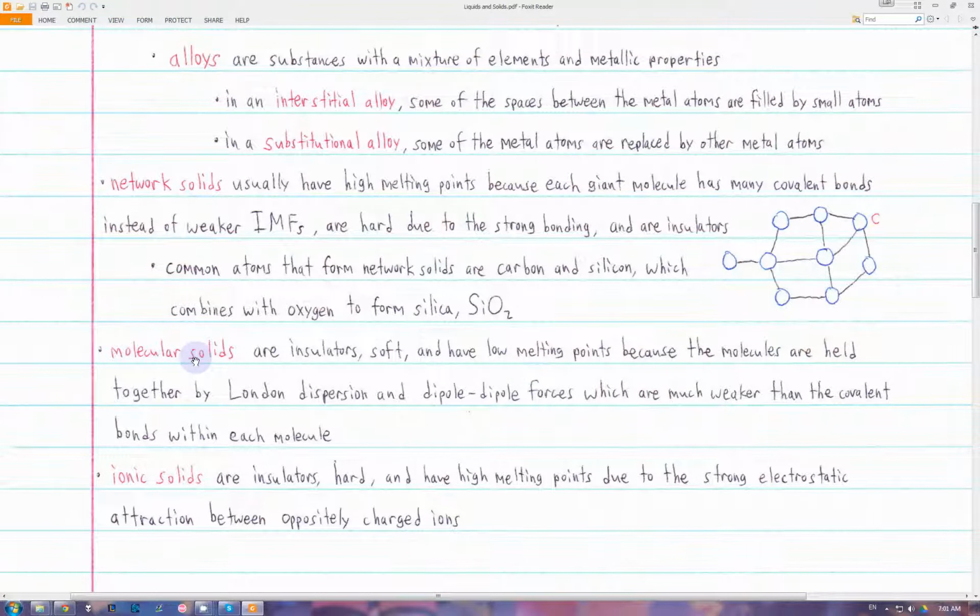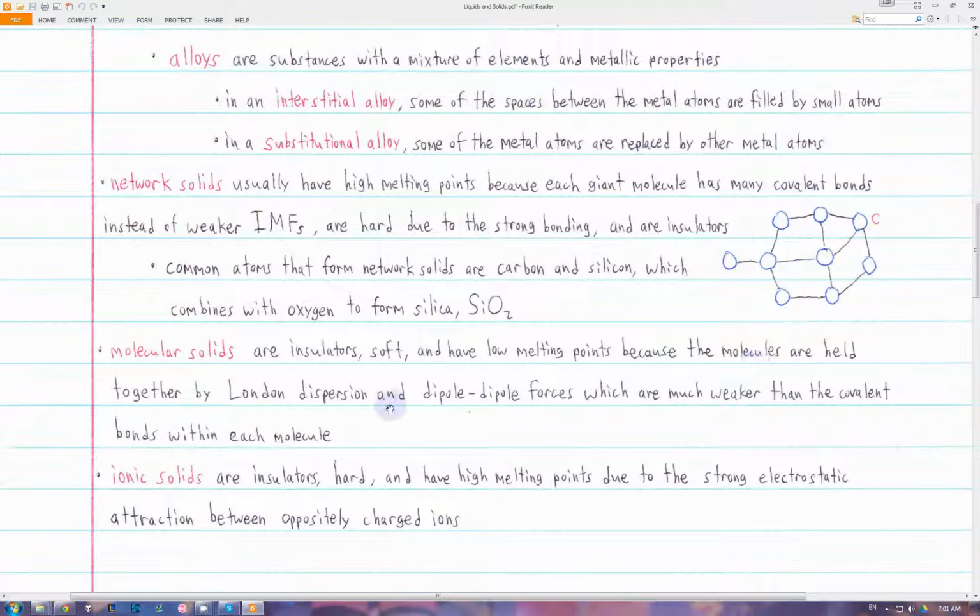Molecular solids are insulators, soft, and have low melting points, because unlike network solids, molecular solids have individual molecules, not just a huge chain. So these molecules have to be held together by those weaker intermolecular forces, such as London dispersion or dipole-dipole, depending on the molecule.